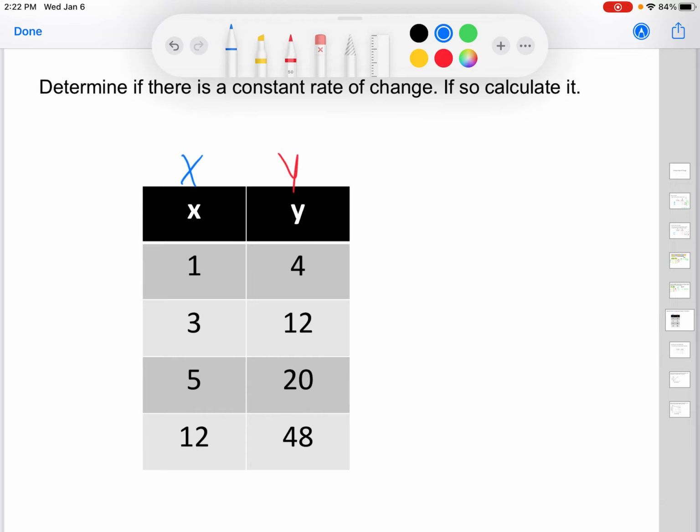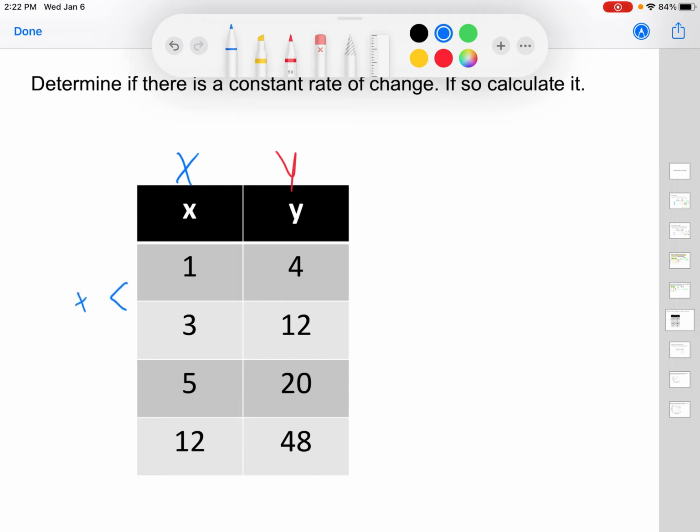My change in x is plus 2, plus 2, and plus 7. Okay, so that's a little bit different. We have plus 8, plus 8, plus 24.